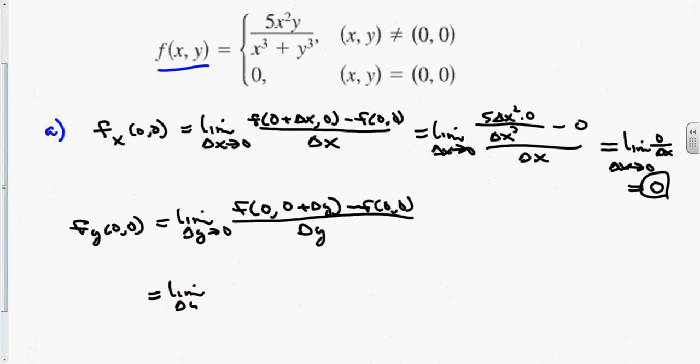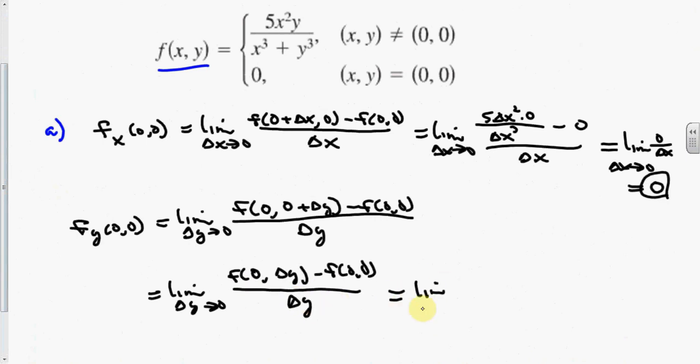The limit as delta y goes to 0 of f of 0 comma delta y minus f of 0 comma 0 all over delta y. It's the limit as delta y goes to 0. This is 0 over delta y, and that's 0.